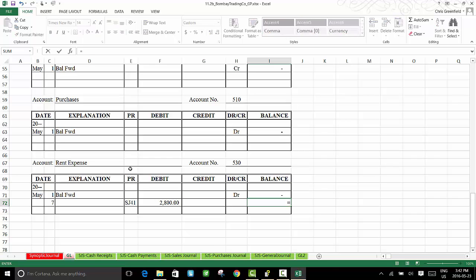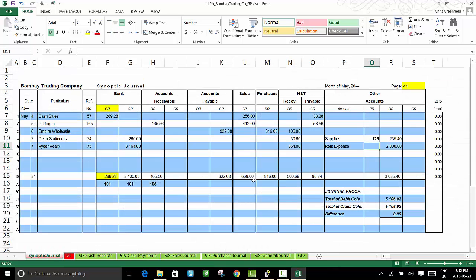I had no debit before, so I can just equal that over there, and now I have more debit. I'm then going to take my account number 530, and you guessed it, put it next to my rent expense over here.